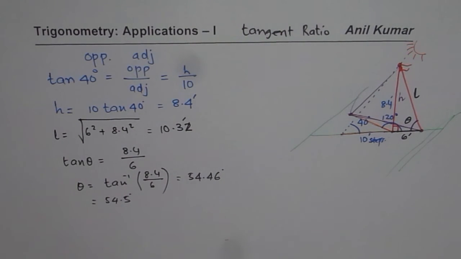In applications number 2, we'll try to understand how to solve such questions where the angles involved may not be 90 degrees and not even acute angles, right? In such cases, we may use a few laws which we know as sine law, cosine law, and other trigonometric ratios to solve. So that is what we are going to explore in the next video. I hope that helps. Thank you and all the best.